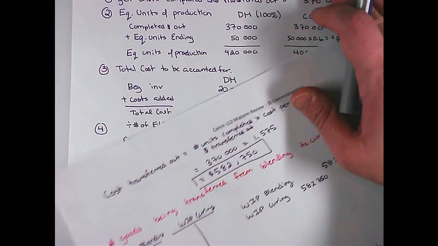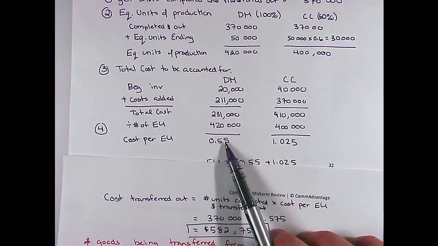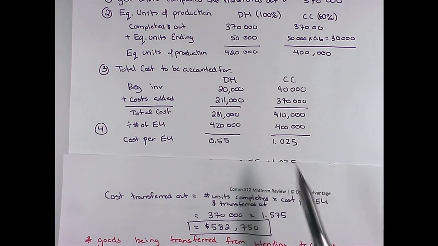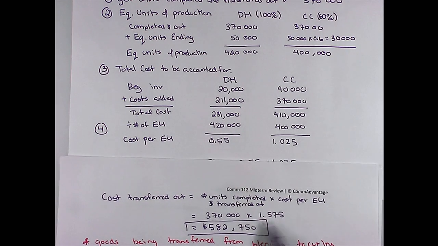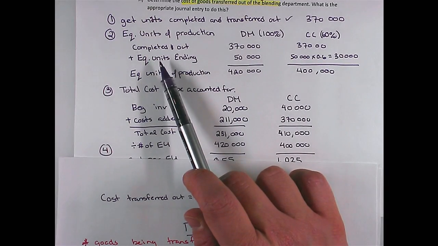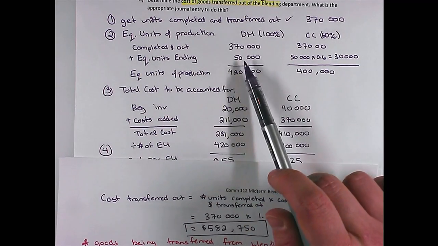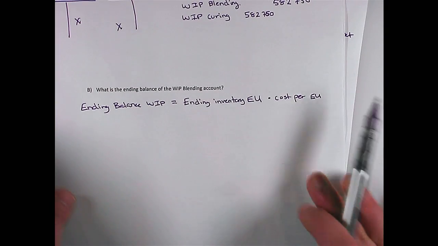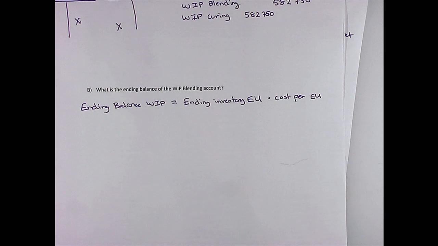So I didn't have to go 370 times 0.55 and 370 times 1.025. It's the same thing as me just multiplying by that sum. But because the ending equivalent units are going to be different numbers, 50,000 and 30,000, we have to do this work in progress ending balance separately for each one.